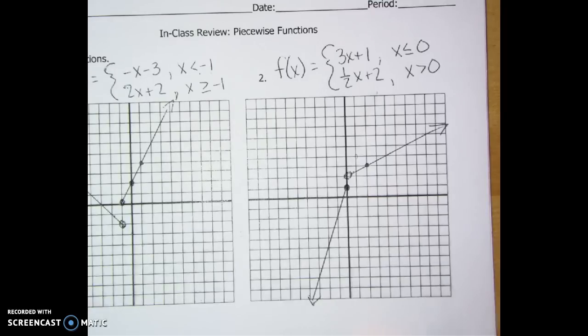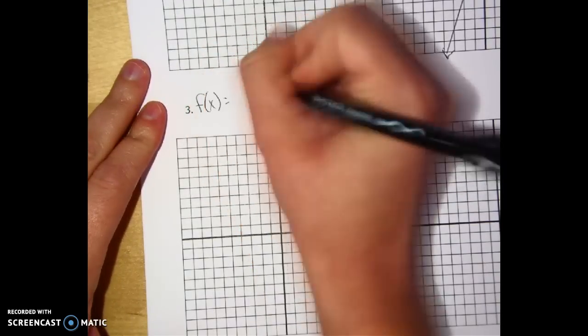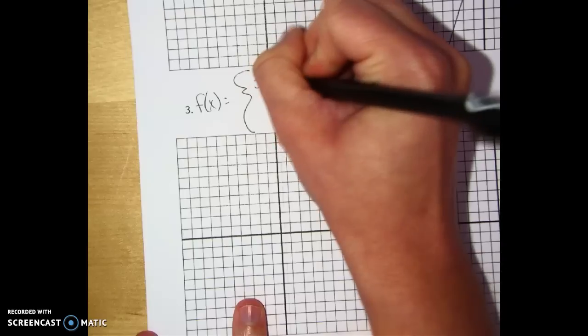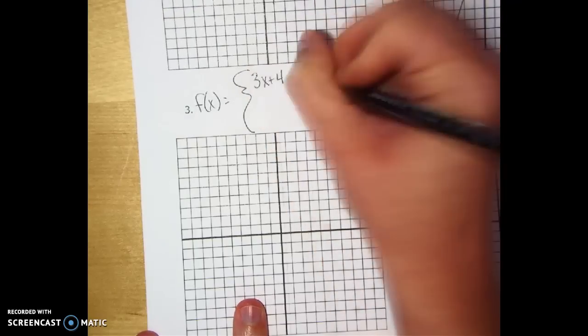Okay, let's go down to number 3. And this is f of x equals, first line is going to be 3x plus 4. The next one, well, let me do the inequality.